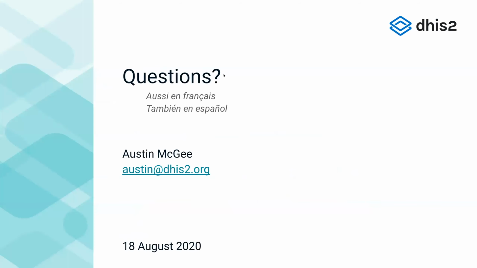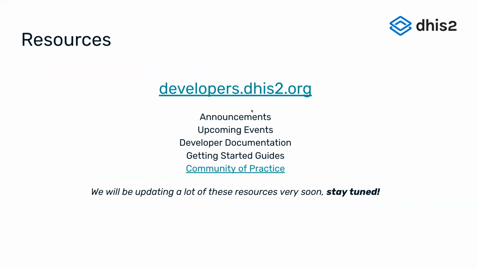And the final resource here, which I shared last time as well, is developers.dhis2.org. This is relatively new, but it's becoming our central portal for all kinds of developer-related content. That's announcements and news about developer releases, library releases, or good things to know that are new in the developer ecosystem.